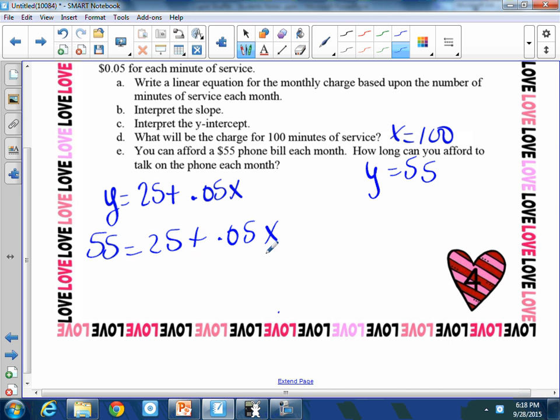So we're going to take those 55 and subtract 25 from it, and then divide it by 0.05. My steps would be minus 25, divided by 0.05. Minus 25 because it's added, divided by 0.05 because it's multiplied by the x, and you get that you can talk for about 600 minutes.